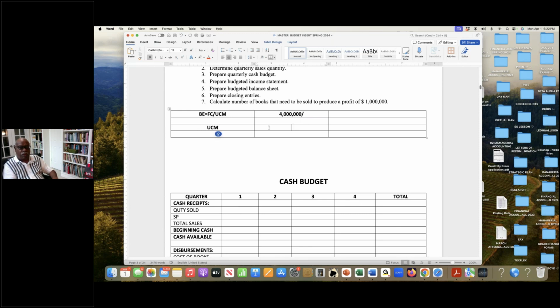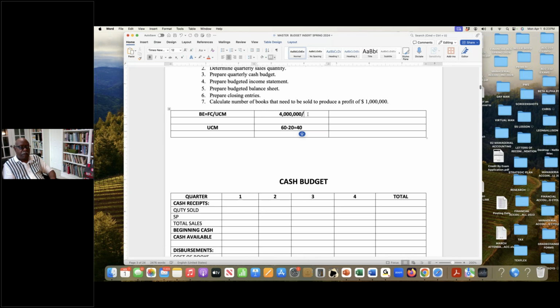So if the cost is 20, and if our selling price is 3 times that, then we're going to have what? Because you all had a selling price of 60. 60 minus the 20, it's going to give us a UCM of what? 40.